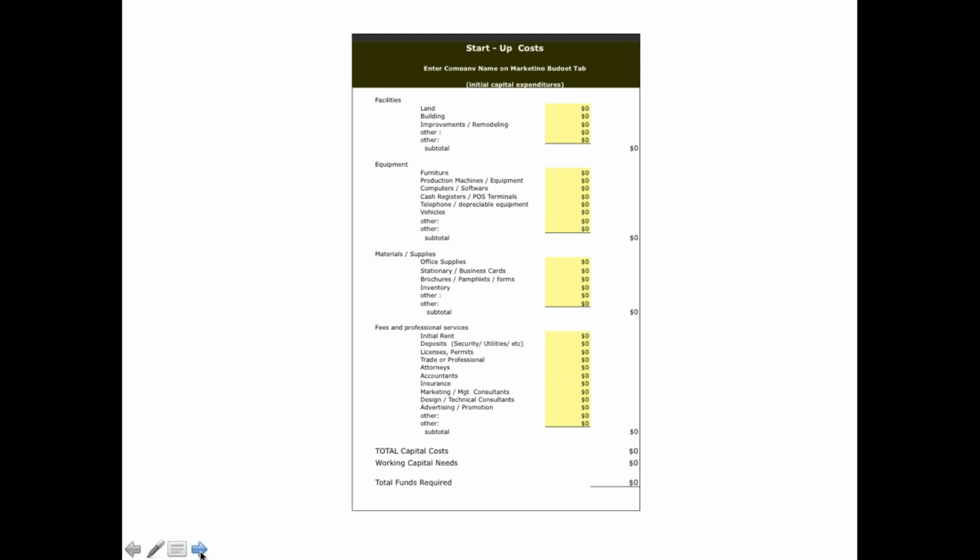Now, most companies are trying to spread the depreciation of their equipment over the time that the equipment has a useful life. And the government tells you what that is. They have a book that says a building will last 29 and a half years.